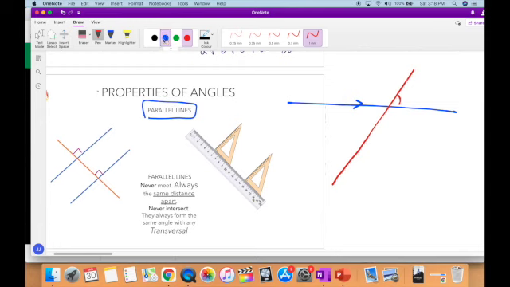If I had another line that is parallel to it, then this line that I draw to cut, because this line is parallel to this one, means that these two angles would actually be the same.